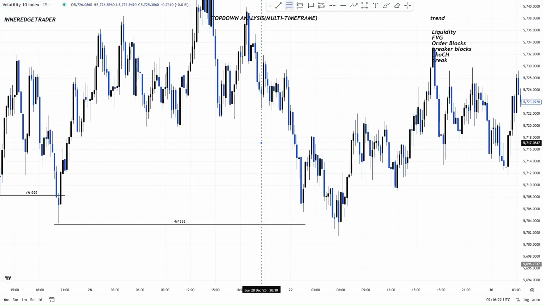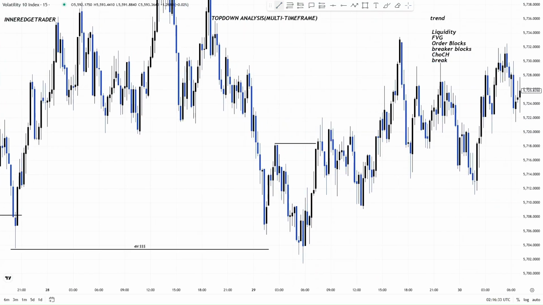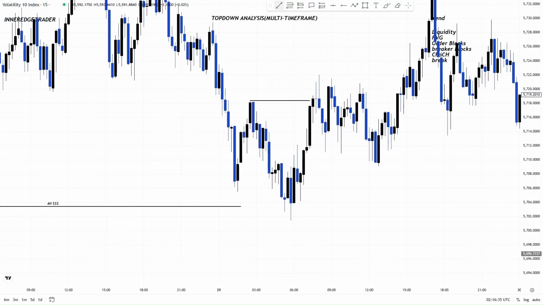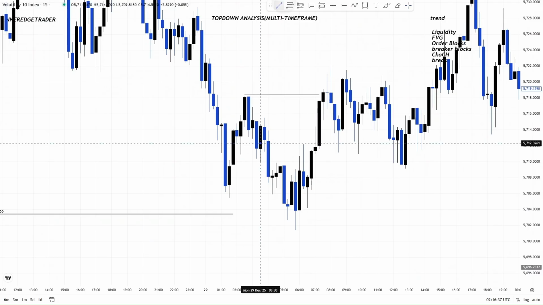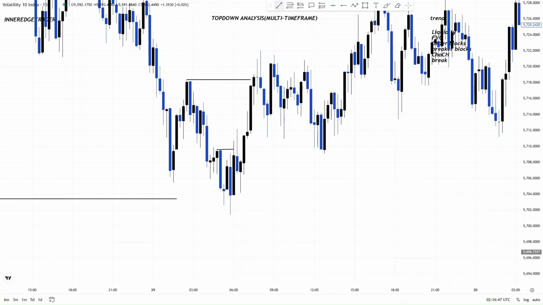The main structure shift that happened was here actually, which market we tested from.